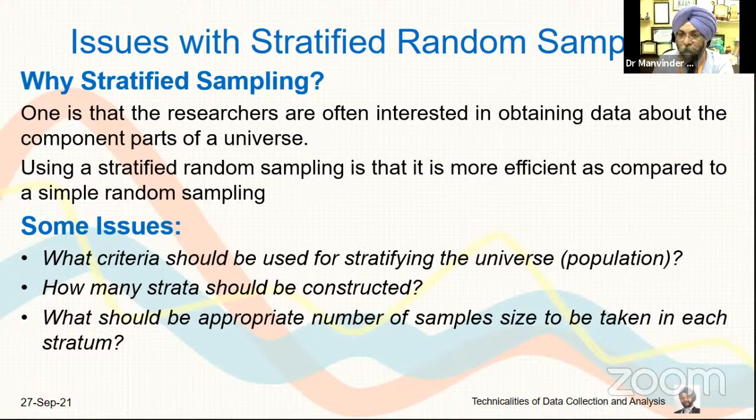Then it will be immaterial whether you take the 2021 or 2011 census, because the population in the entire India has grown at the same rate.